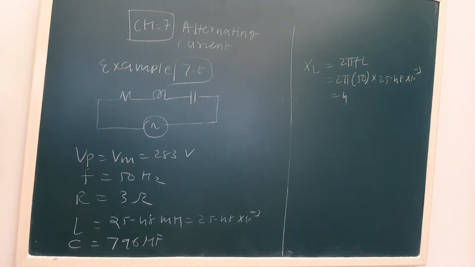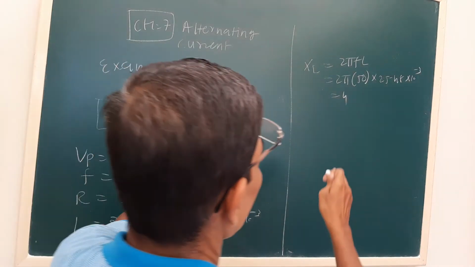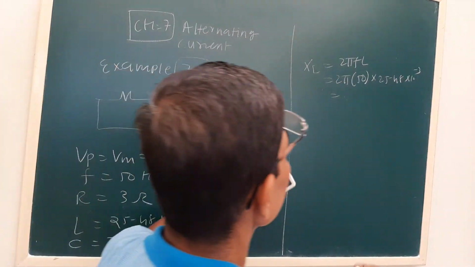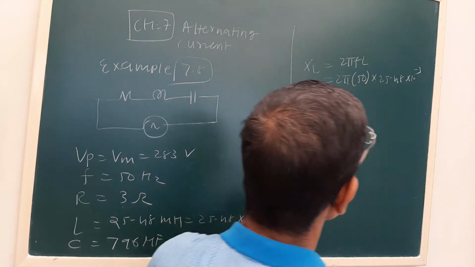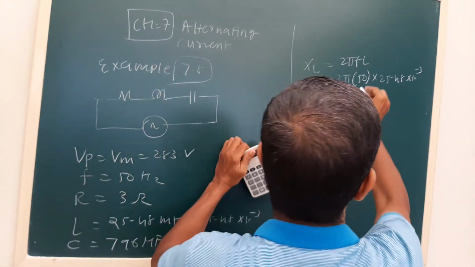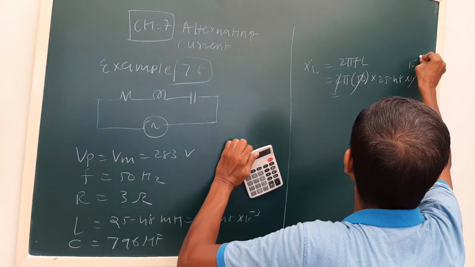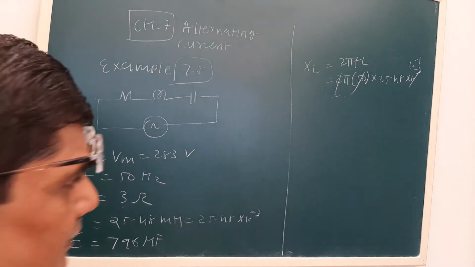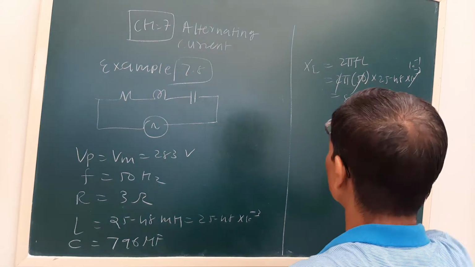XL, let me calculate this. See, this will be 100 times 3.14 into 25.48 divided by 10. So this will be 8.